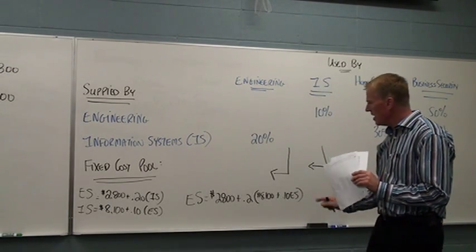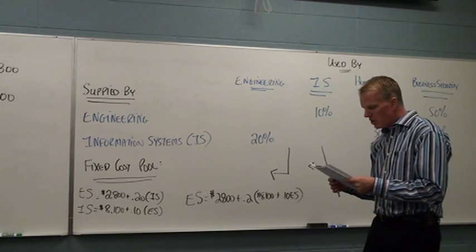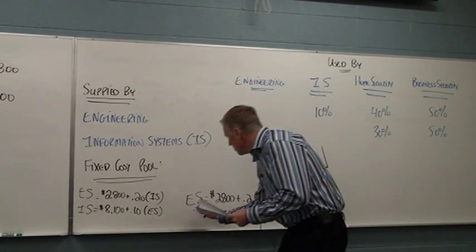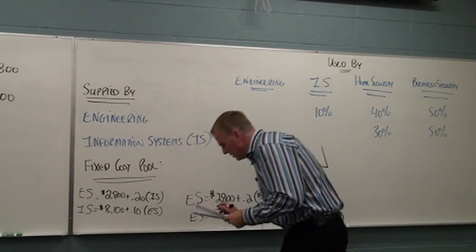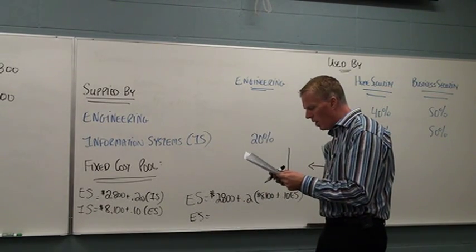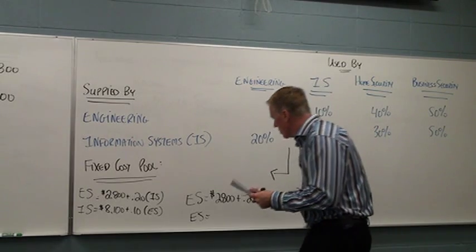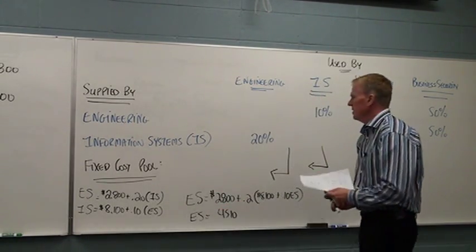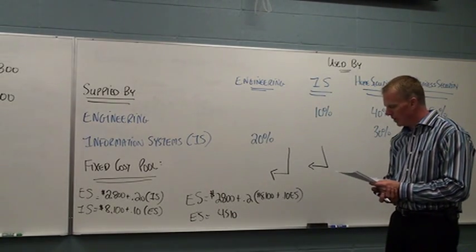And that's how you solve this. So when you do all that and put it all together, you're now going to see that the engineering support will be equal to 4,510. And that's how you'll get that number.